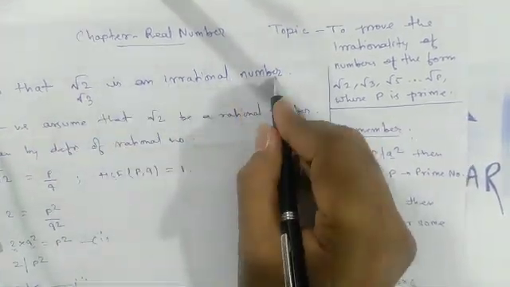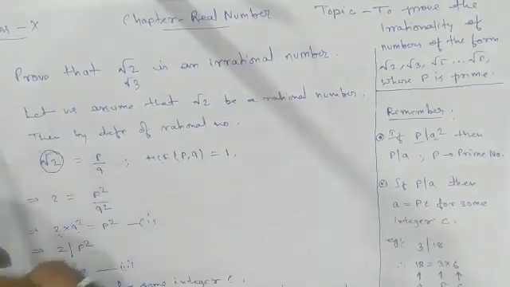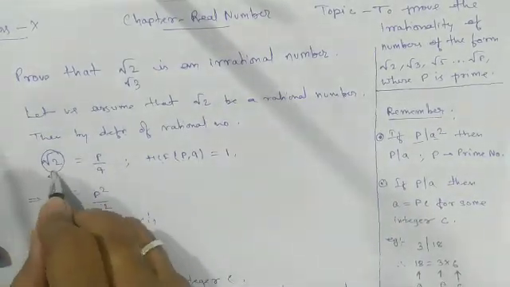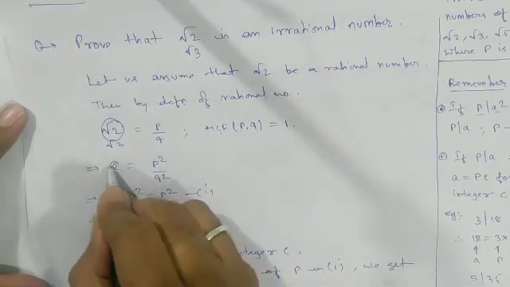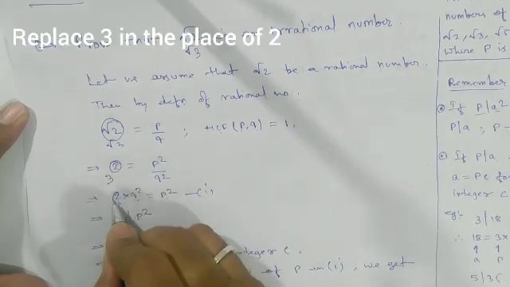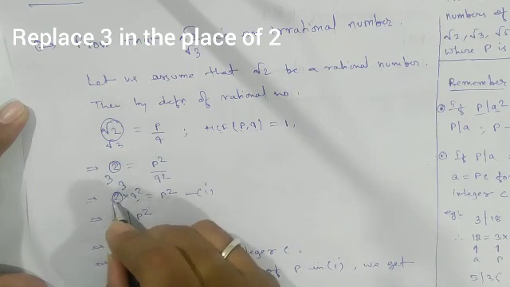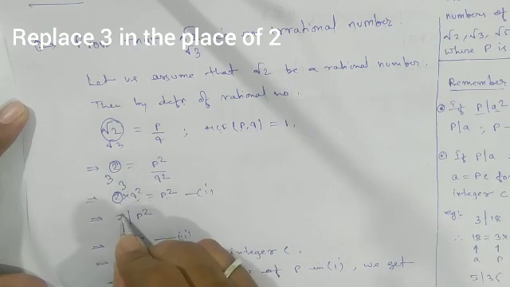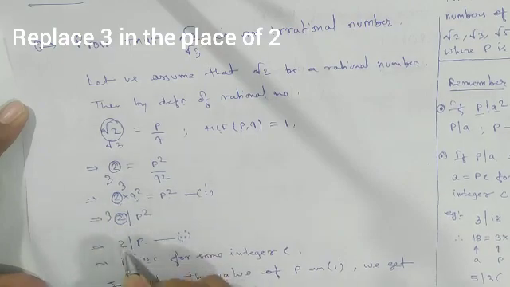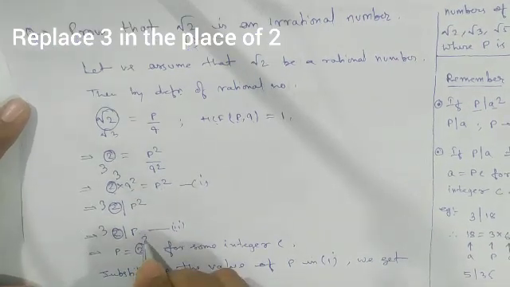Now, if they ask you to prove that root 3 is an irrational number, how are you going to prove it? Instead of root 2, you write root 3, and then you choose 3 in place of 2. So you can see 3 divides p, similarly p equals 3c.